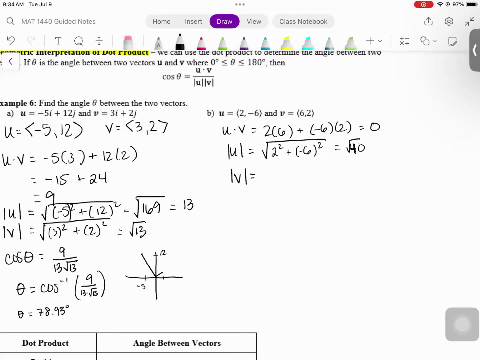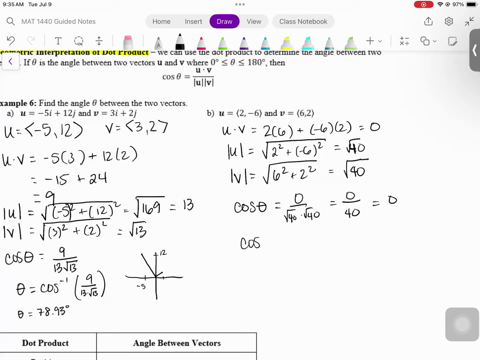The magnitude of vector v is the square root of 6 squared plus 2 squared, which is also going to be the square root of 40. So cosine of theta is equal to 0 over the square root of 40 times the square root of 40, which is just 0 over 40, and 0 divided by 40 is 0.